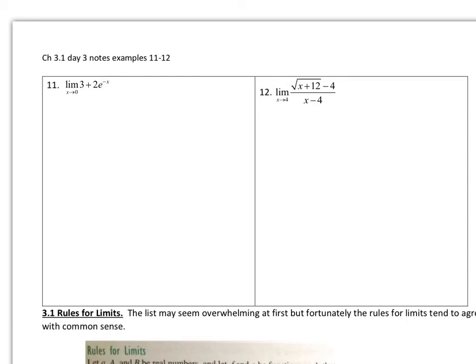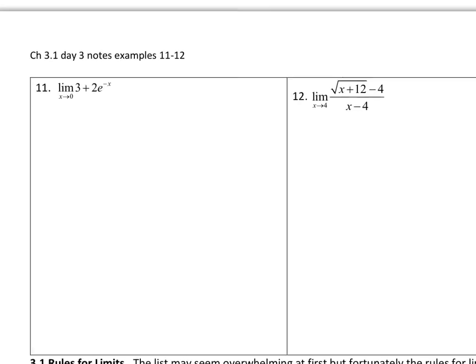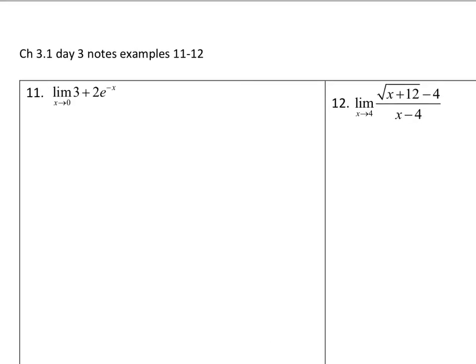All right, the final two examples. So number 11, if you take a look, our exponent has the variable. And you would think, well, there's something I might need to do there. Let's go ahead and plug in our approaching C value into that.